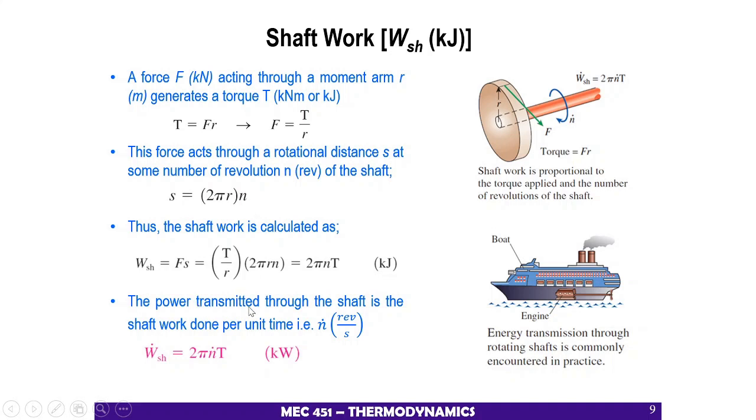The power transmitted through the shaft is the shaft work done per unit time, so you get n dot, the symbol for rate per unit time. The unit is kilowatt.